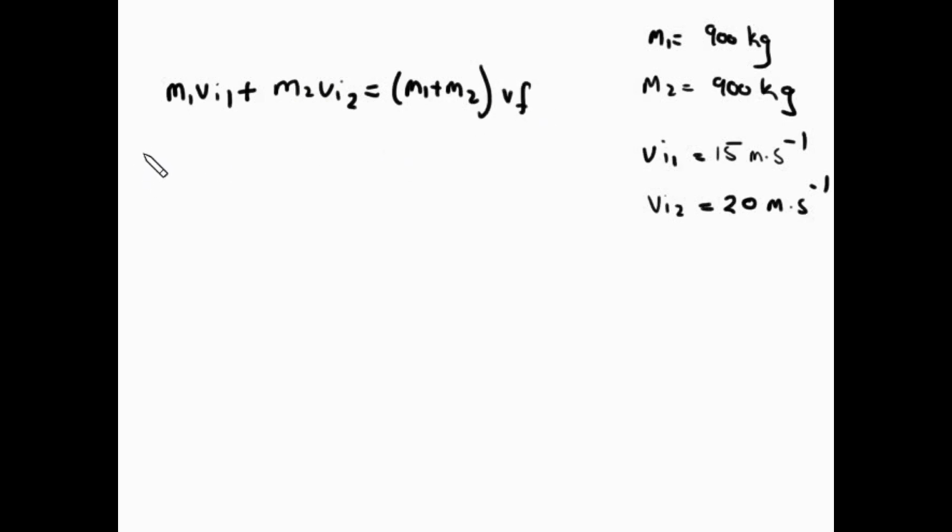We sub in our values: 900 times 15 meters per second plus 900 times negative 20. The reason for negative 20 meters per second is because it was traveling in the opposite direction to car 1.